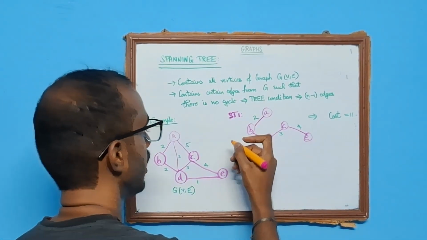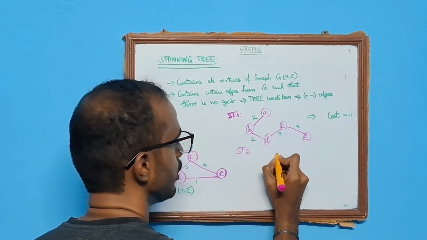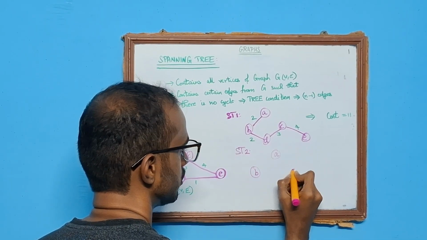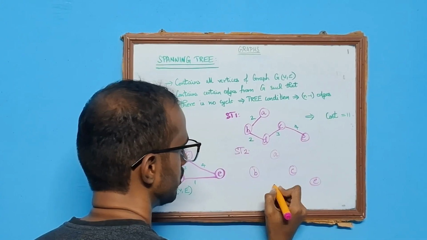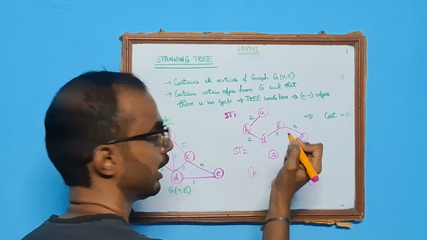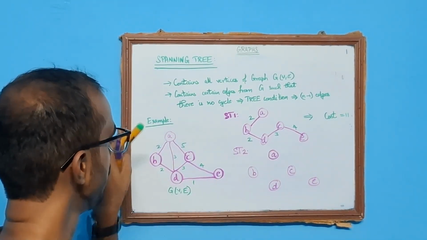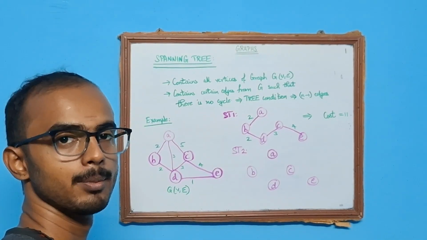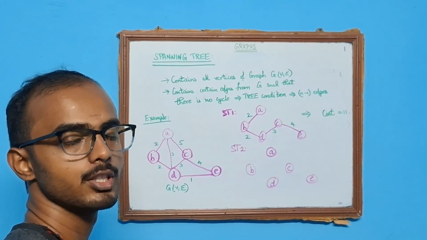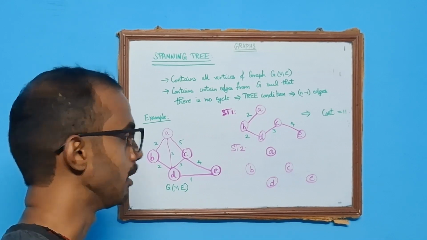Let me draw one more example, spanning tree 2. The first condition is that it should have all the vertices. Now, minimizing the cost of the spanning tree, that is, the minimum cost spanning tree, is a new problem in graphs, for which we have two algorithms, Kruskal's algorithm and Prim's algorithm, that we'll be discussing.